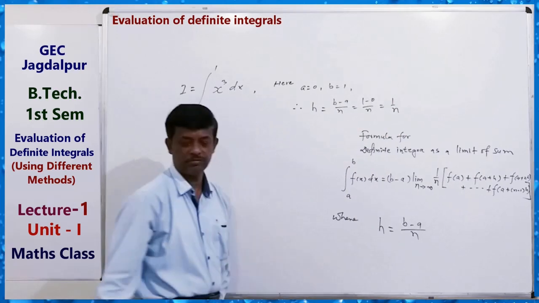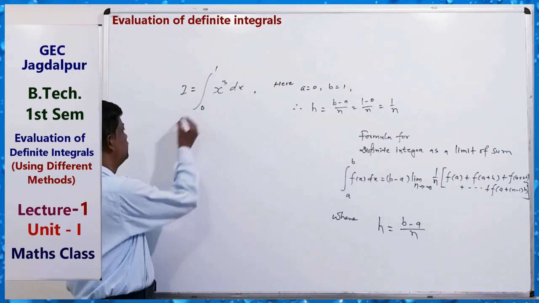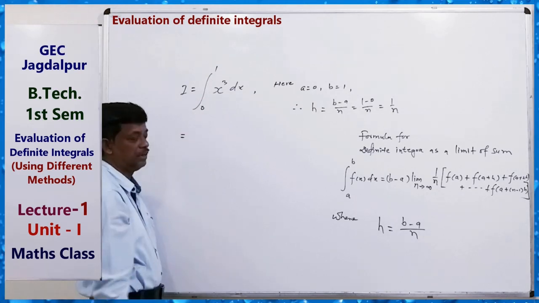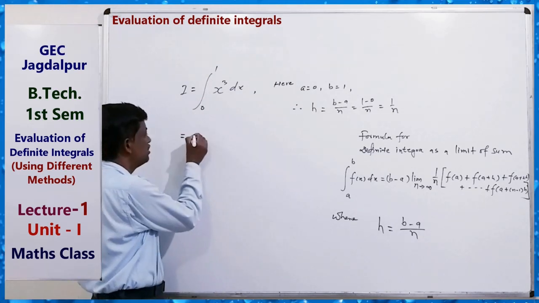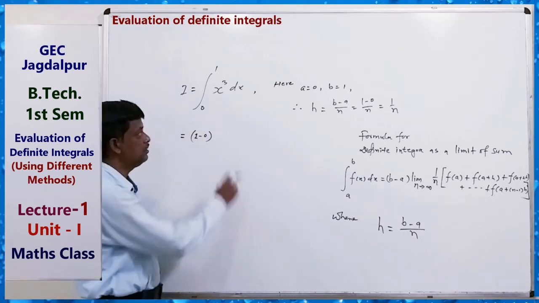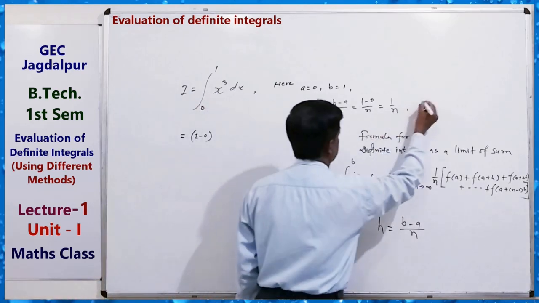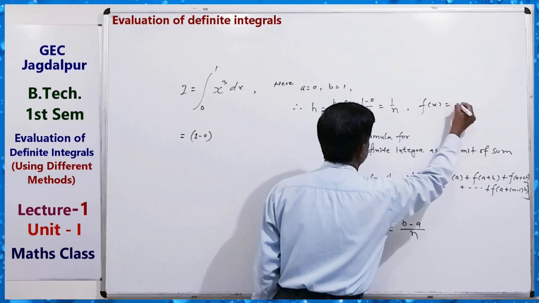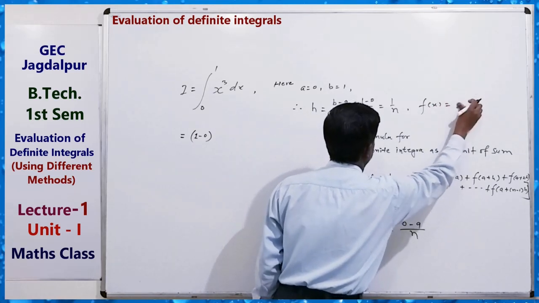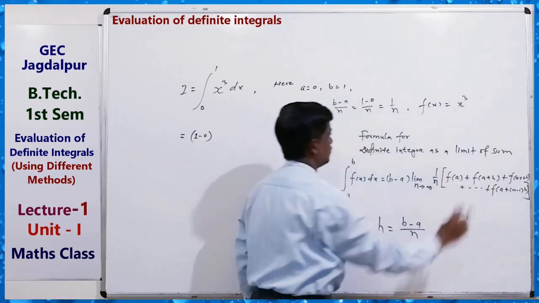Now, by using this formula, you can write b minus a, that is 1 minus 0. And here f(x) equals x cube.